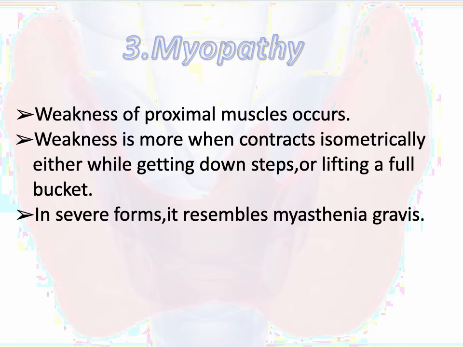Myopathy. Weakness of proximal muscles occurs. Weakness is more when contracting isometrically, either while getting down steps or lifting a full bucket. Okay, when coming down the stairs, the weakness is more, it is enhanced. And in severe forms, it resembles myasthenia gravis.